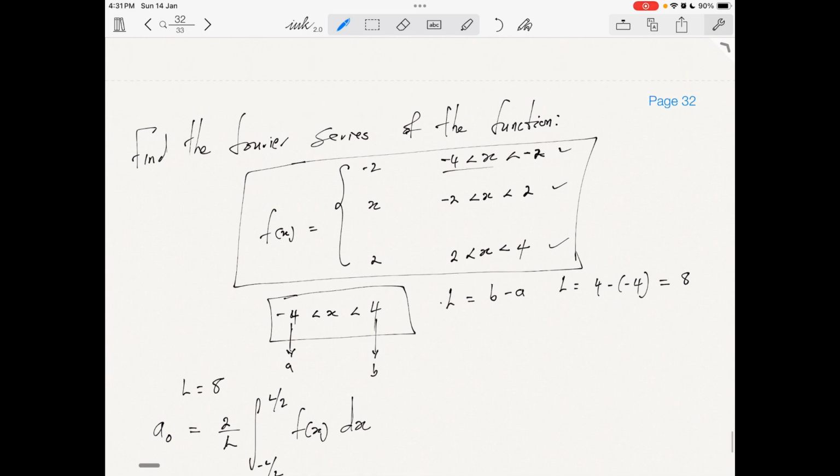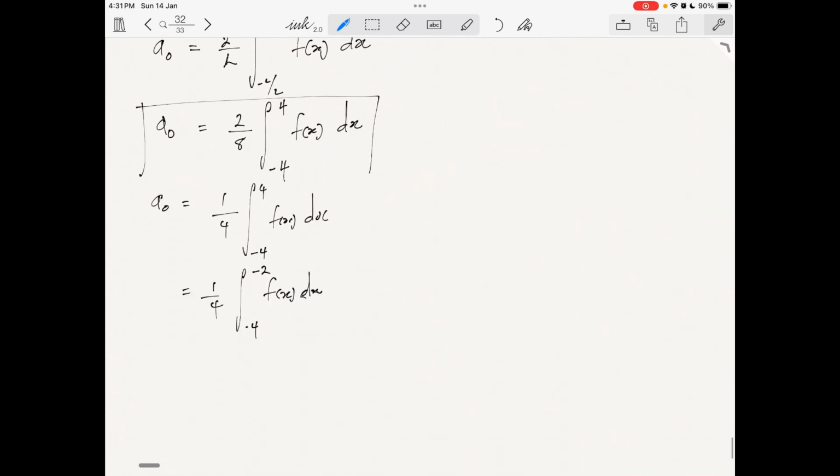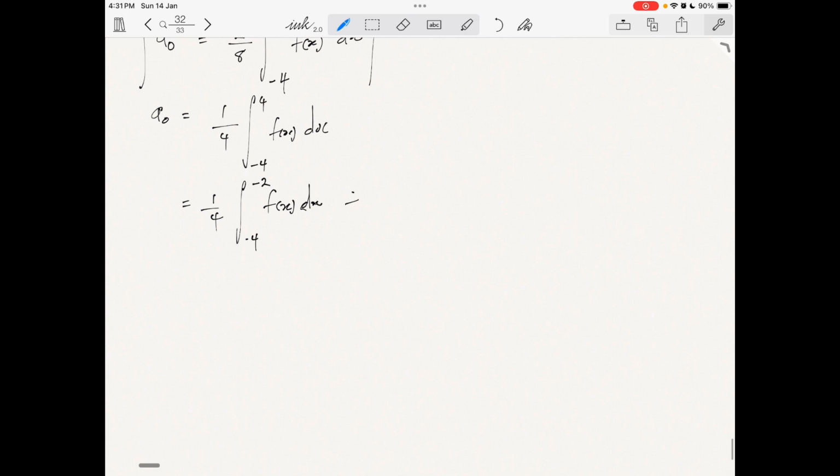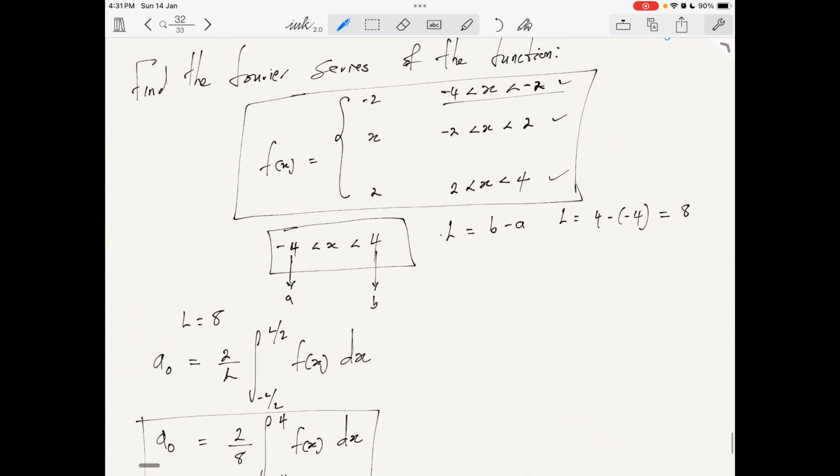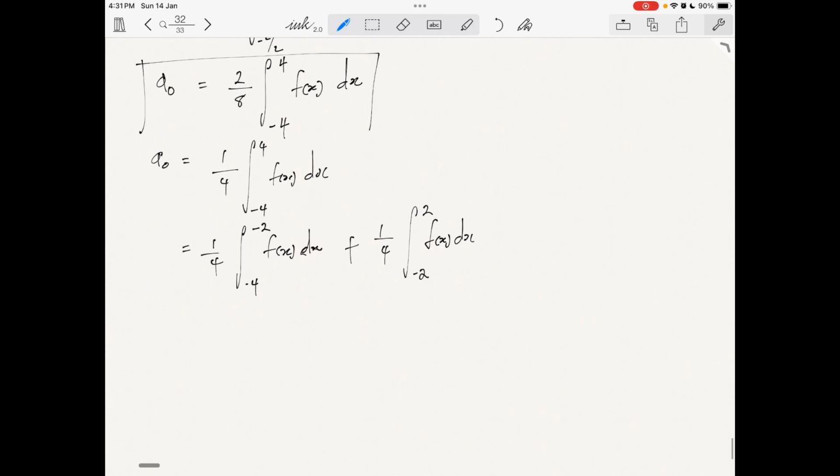The next range is 1 over 4 integral of minus 2 to 2 of f of x dx, and then 1 over 4 from 2 to 4 of f of x dx.